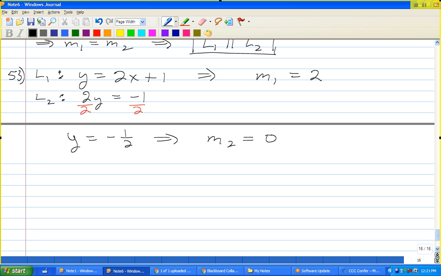And so, these two slopes are not the same, and the product of these two slopes is not negative 1. It's going to be 0. 2 times 0 is 0. Therefore, the answer is these are neither parallel nor perpendicular.